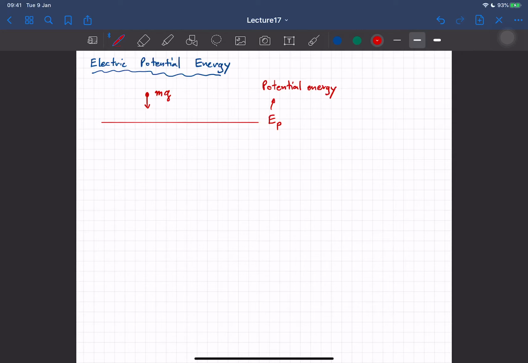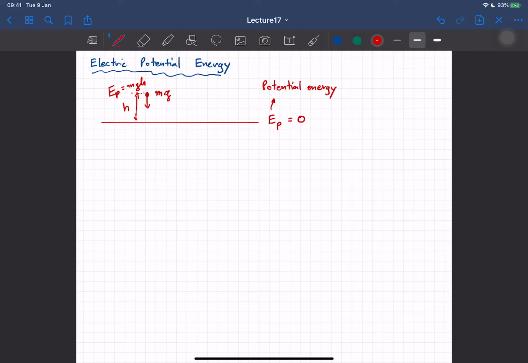So we choose the ground to be potential energy equal to 0. Then at a height h above the ground, this object will have EP equal to mgh. Hopefully you remember this from first semester.